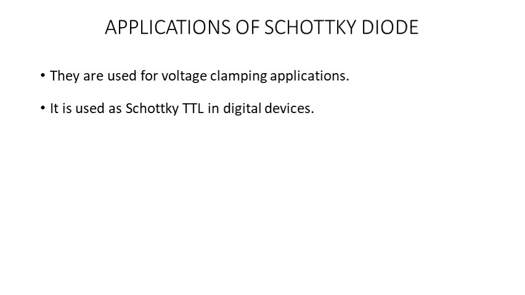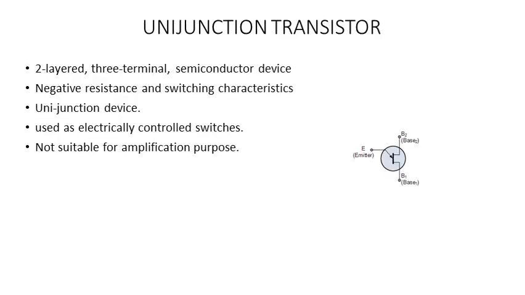Next, let's look at the Schottky diode. Before looking at the Schottky diode, let's look at one concept. You can connect a PN diode in a forward bias as well as in a reverse bias. In both cases, a depletion region is formed.